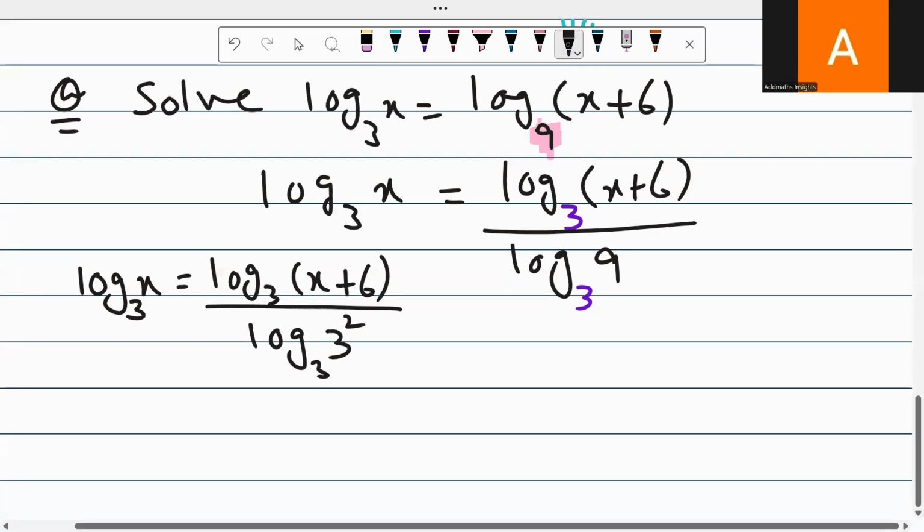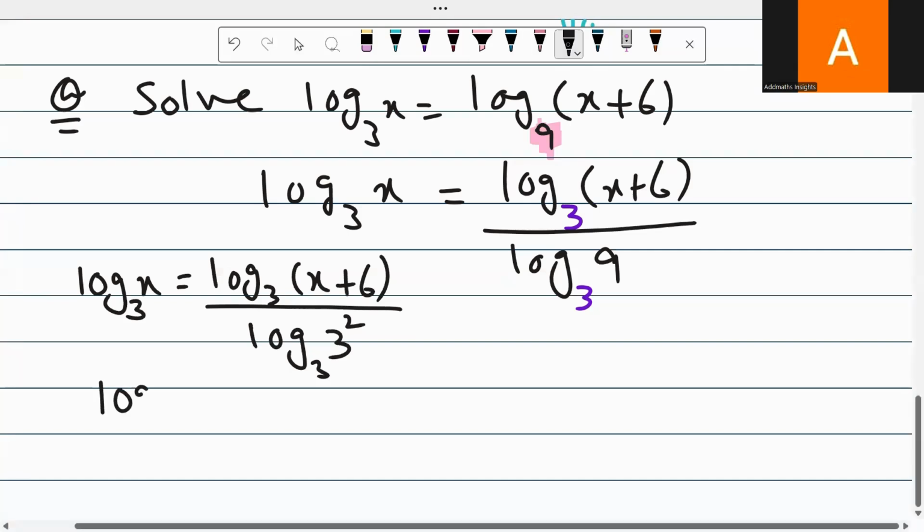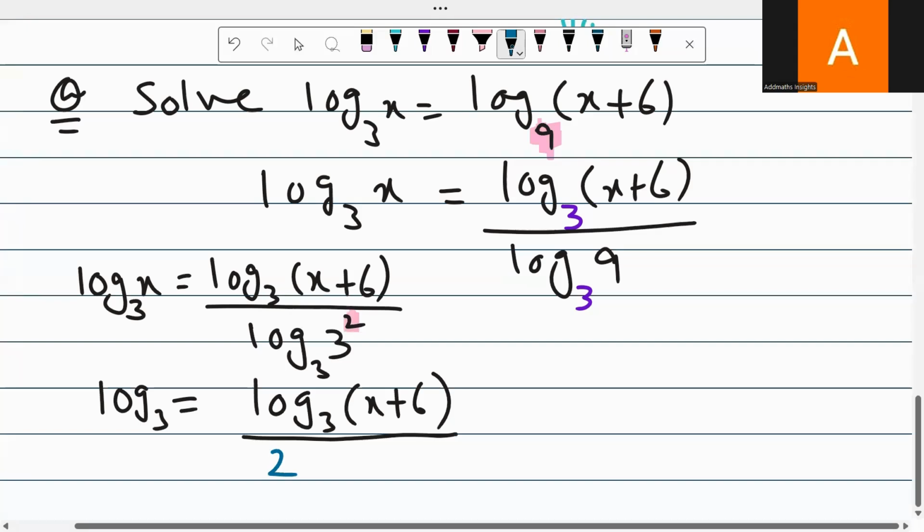And then you apply here the power formula to the rest of the question as it is. Log 3 x plus 6, and this power becomes the coefficient, and you can write it as 2 log 3 3. And you also know that this log 3 3 is 1, and 2 multiplied by 1 is 1.